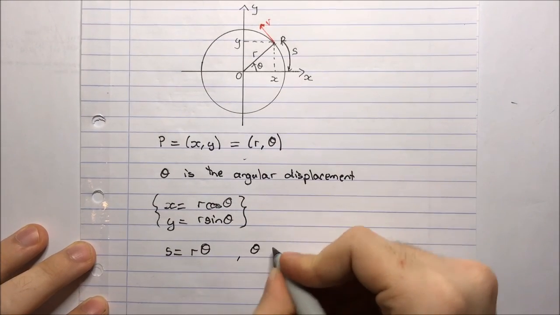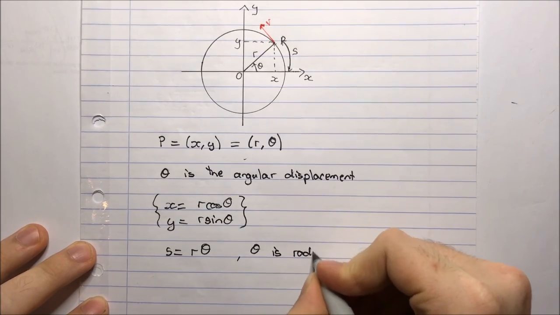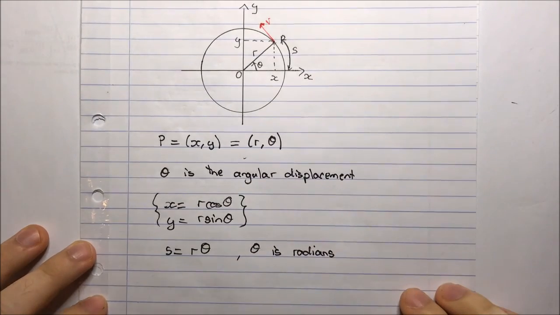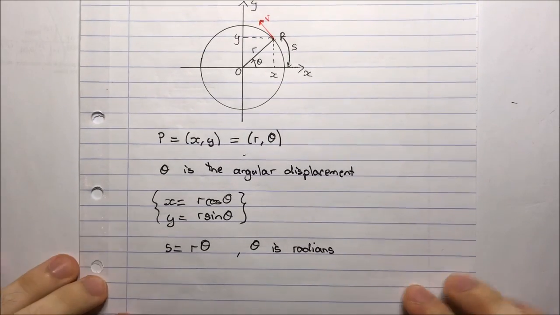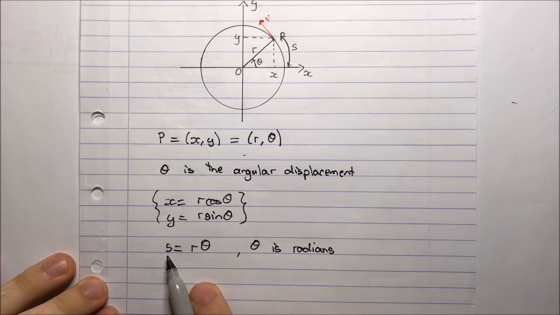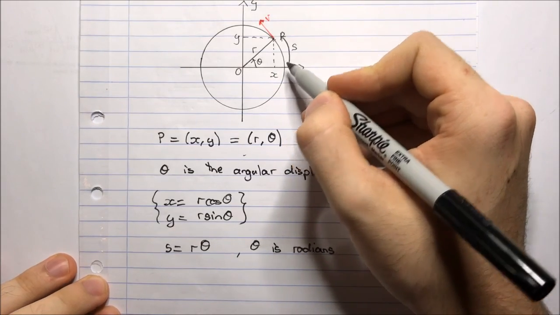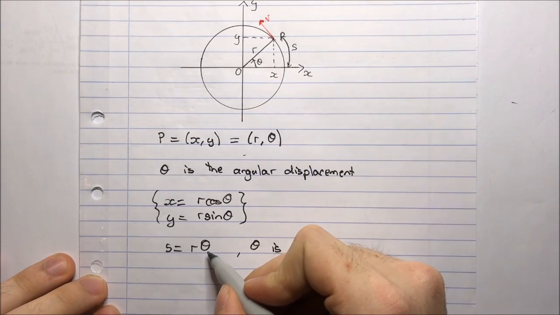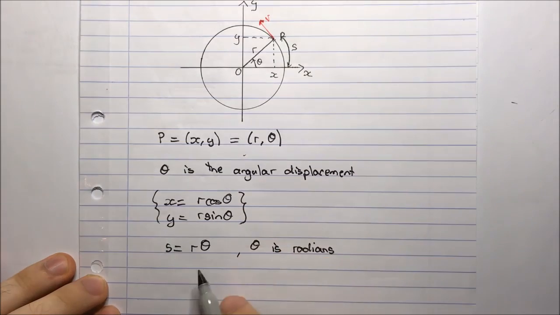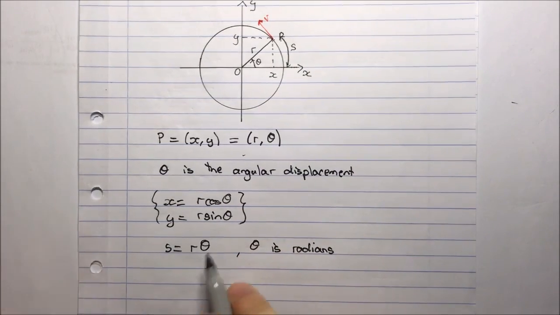And that's if theta is in radians, don't forget that. So here I've related my linear displacement, which is the distance that I've traveled away from my starting point, s, to my angular displacement, which is theta.